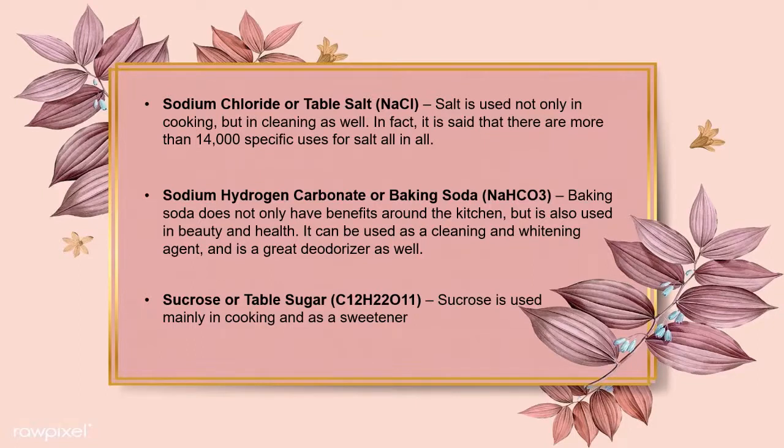Baking soda does not only have benefits around the kitchen, but it is also used in beauty and health. It can be used as a cleaning and whitening agent and is a great deodorizer as well. Last but not the least, we have sucrose or table sugar. Sucrose is used mainly in cooking and as a sweetener.